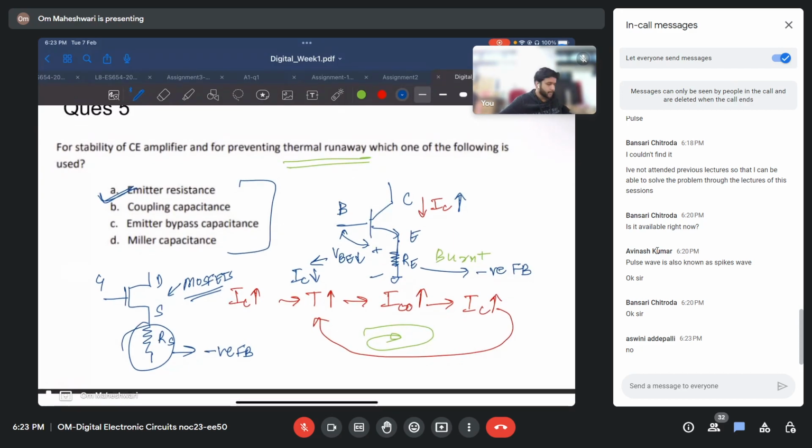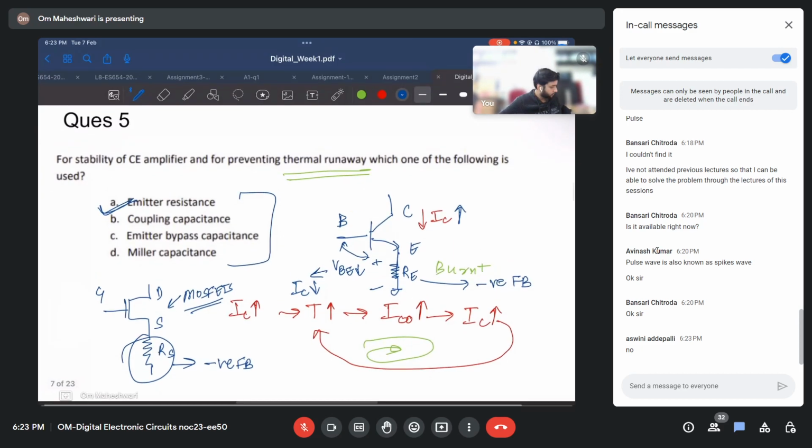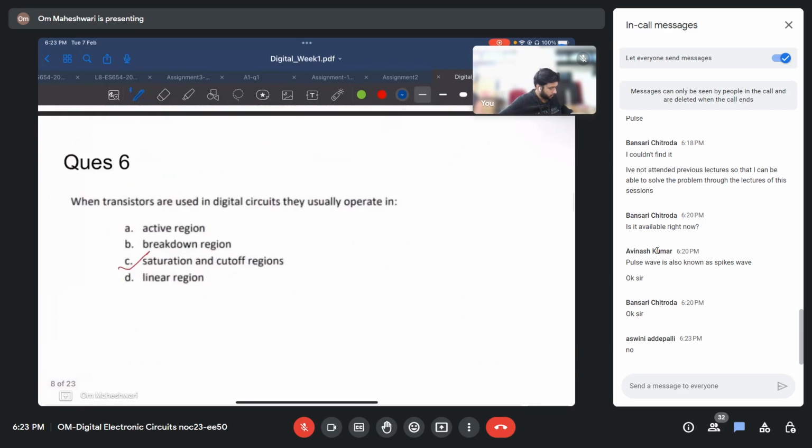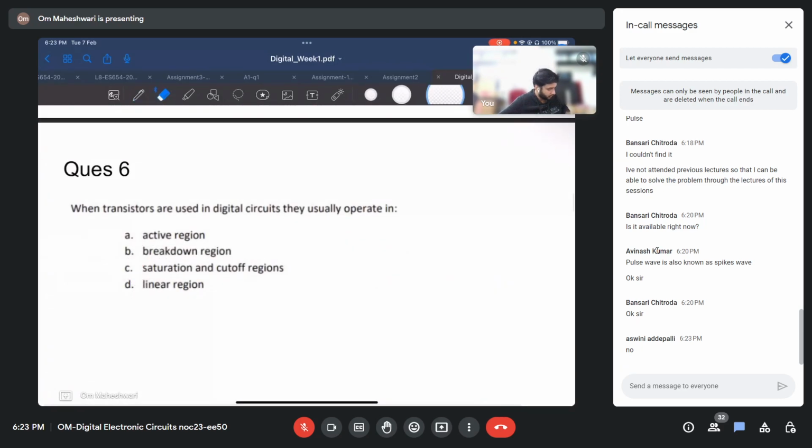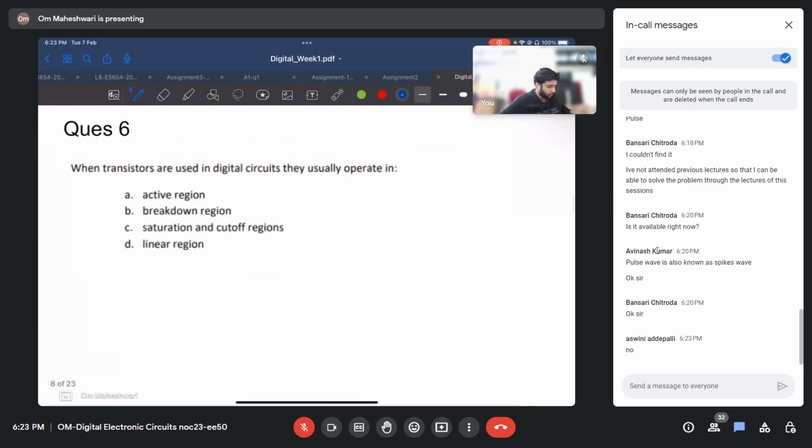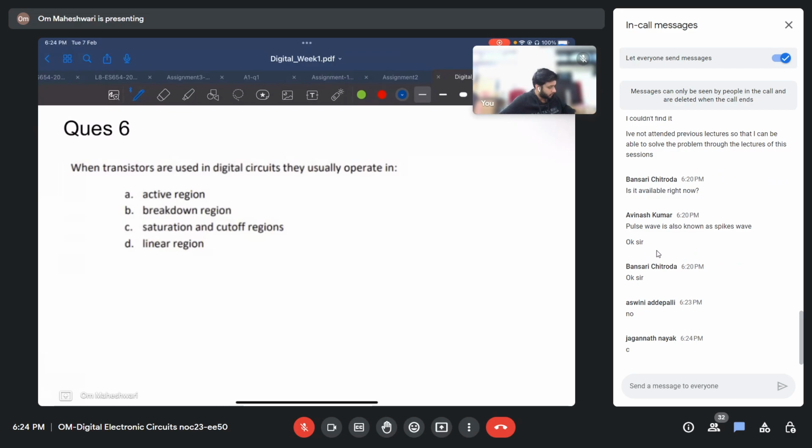Okay, let us see another question. I already wrote the answer, let me erase it. Sorry. This is a very simple question. When transistors are used in digital circuits, they usually operate in which regions?